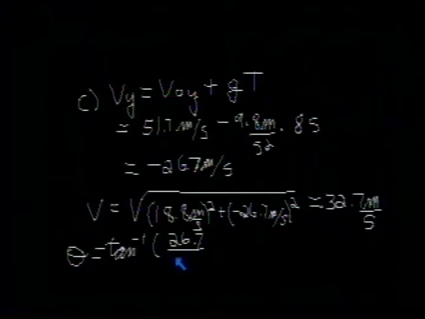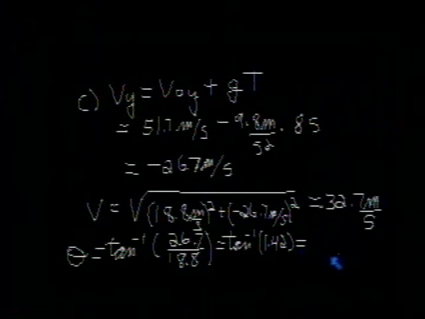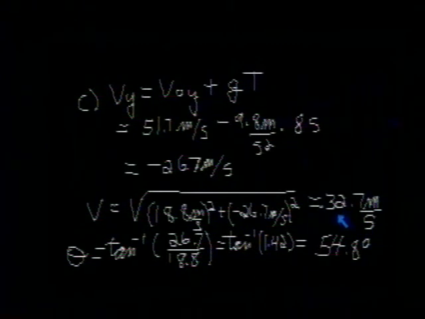The units will cancel. This turns out to be tangent minus 1 of the value 1.42. And if you find the arctangent of that, you should get 54.8 degrees. So that's the magnitude of our velocity at 8 seconds, and that is the angle that it makes with the x-axis, and we have now completely solved our problem. All right, let's move on to another problem.